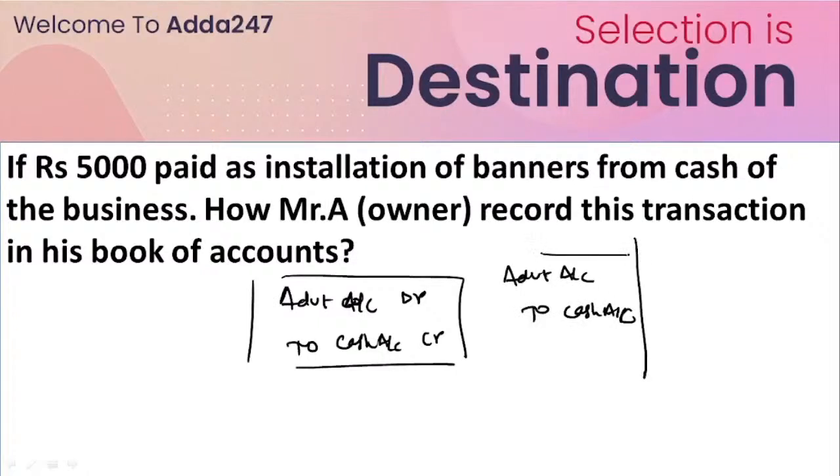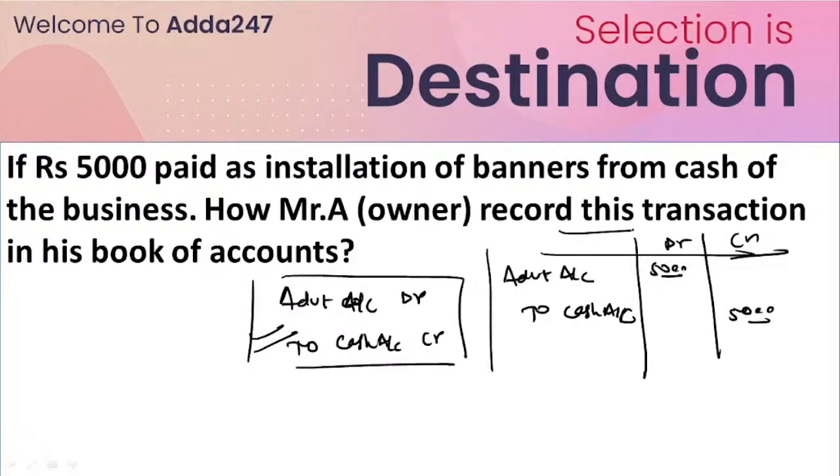This can also be written like this, but you have to solve the MCQs, so you can also do it by this guide. So this is the basic of how to make the debit and credit entry of any particular transaction. I hope it is clear for everyone.